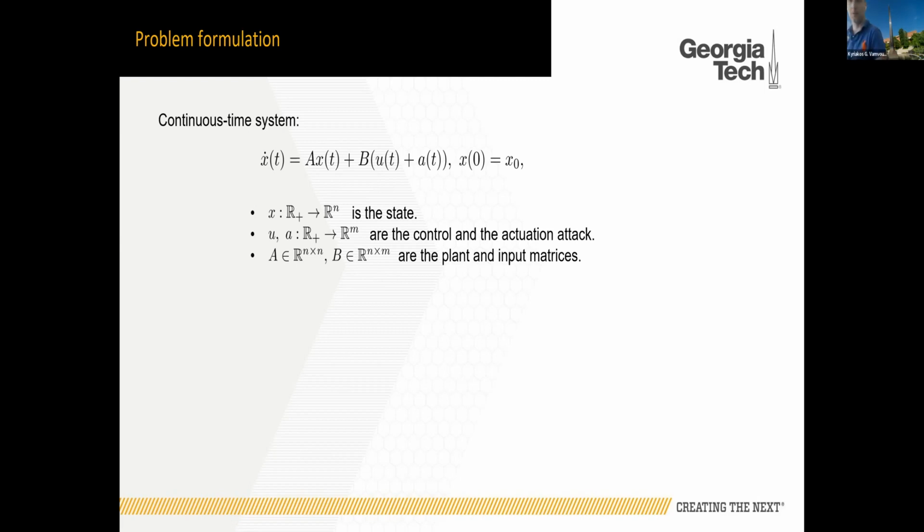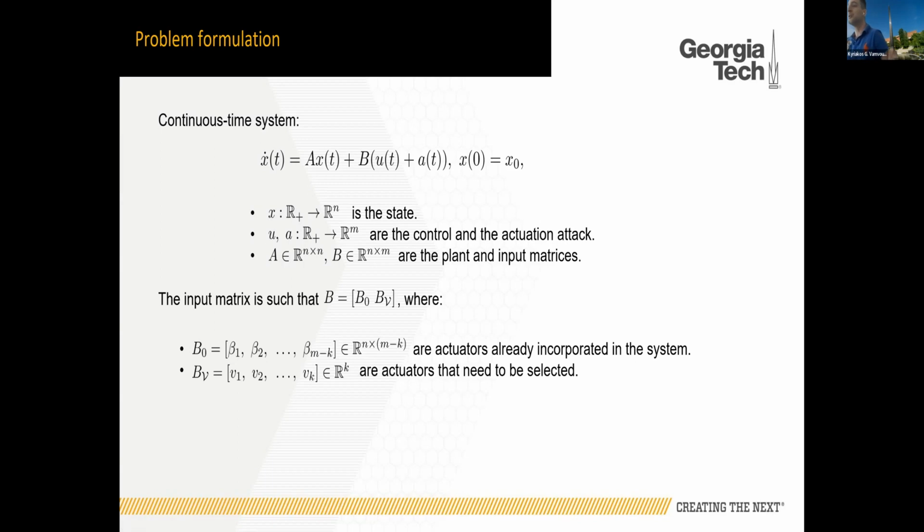Again, all these things that we do can actually be generalized to nonlinear systems. This is just for simplicity. So what I have here is the A, the B, and so on and so forth. What I want to do is play with some components of the B. Let's say I have a large-scale cyber-physical system, and I start with some actuators already incorporated in the system. These actuators I cannot really move.